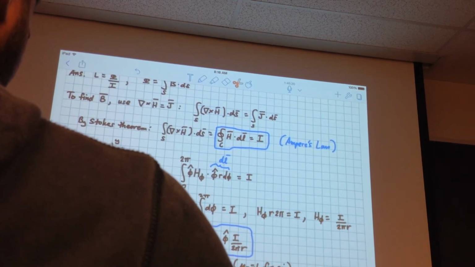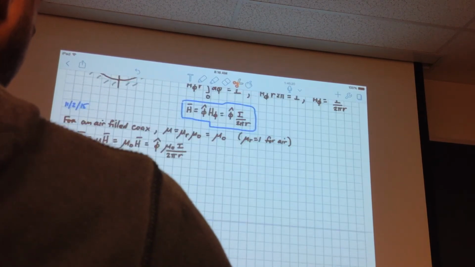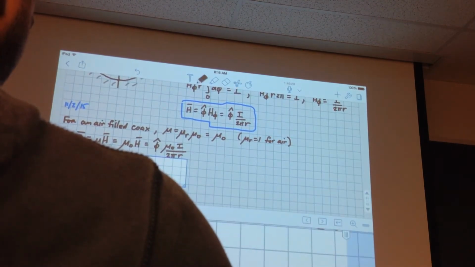We have B, so we can now compute this magnetic flux. Given the magnetic field, phi is equal to the integral over the surface S of B dot dS.